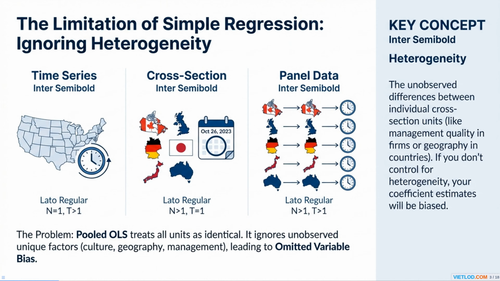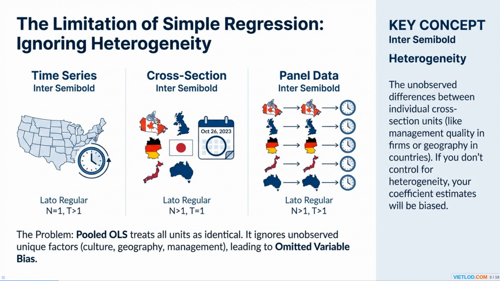Traditional time series data, which tracks one unit over many time periods, n equals 1, t greater than 1, and cross-section data, which observes many units at a single point in time, n greater than 1, t equals 1, are limited in their ability to account for these unobserved differences. They either focus on one unit's evolution or many units' snapshots.